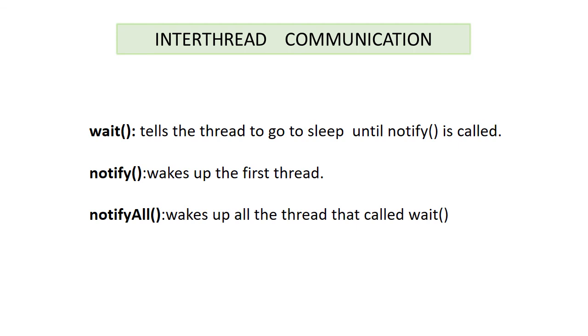Third is notifyAll. The notifyAll method wakes up all the threads that called wait on the same object. The highest priority thread will run first. And all these methods are declared within Object as shown below: final void wait() throws InterruptedException, final void notify(), and final void notifyAll().